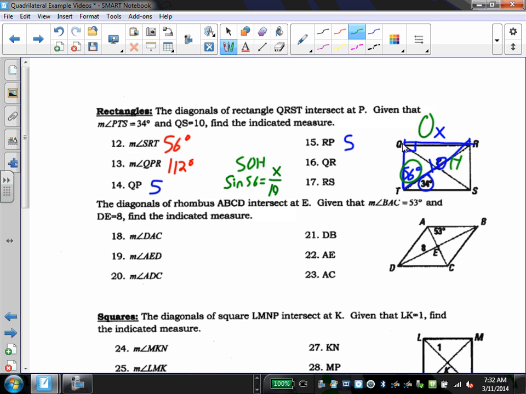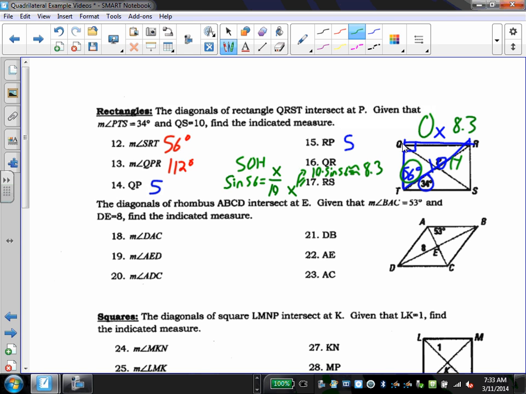Multiply both sides by 10, and we'll get that x equals 10 times sine of 56, which, when we type into our calculator, is going to give us about 8.3. So this length up here is about 8.3.